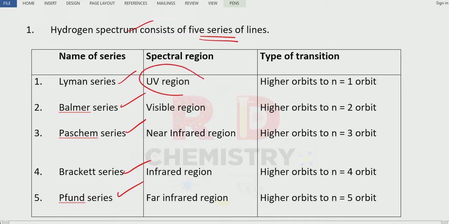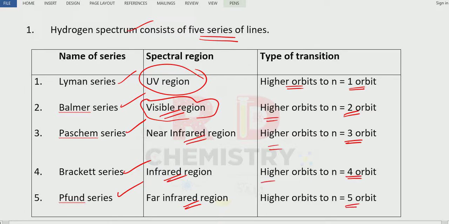Where are they found? UV region, visible region, infrared region. Remember, in the visible region, we can see these series of lines. Also, we see the transitions from the higher shells, the excited levels, to the first shell, second shell, third shell, fourth shell, and fifth shell, the lower shells, right?